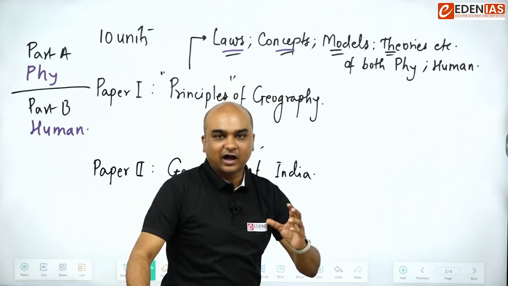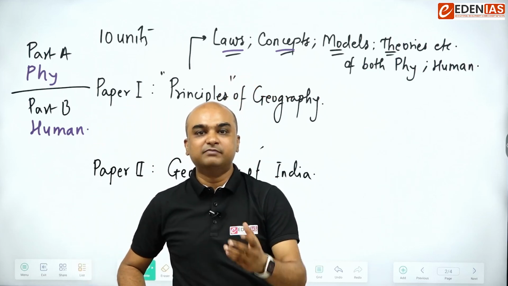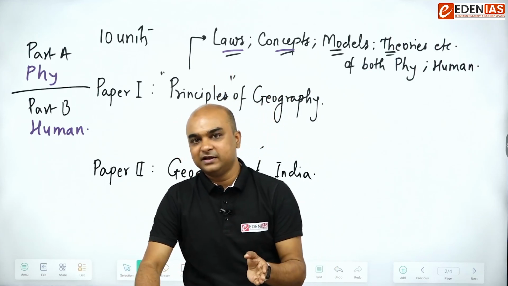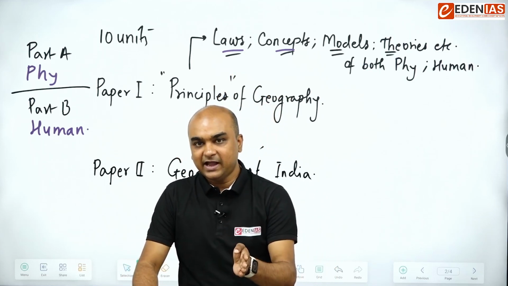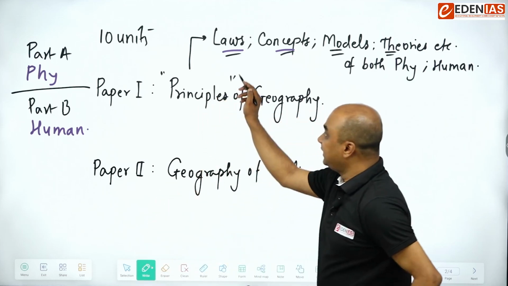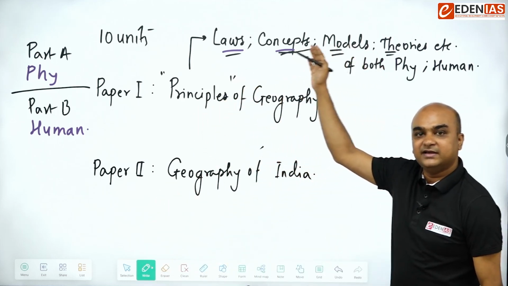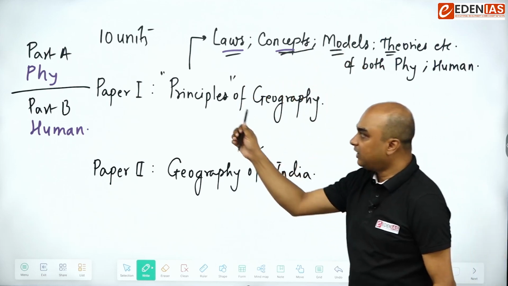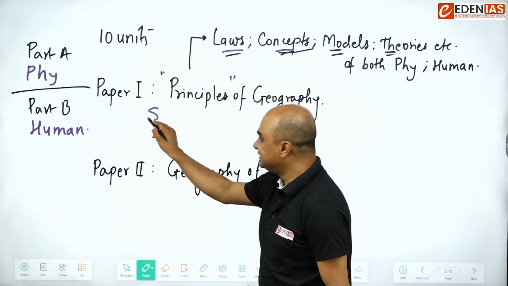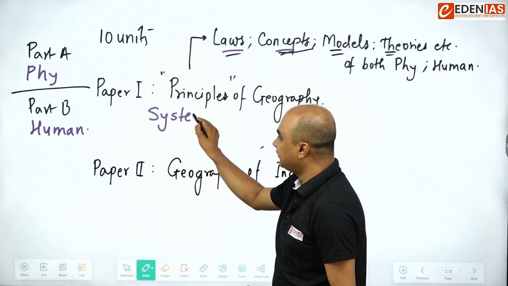Not only how these laws have been built, who provided these concepts, who gave the theories, but their application and their implementation in the real world. That is what you will learn in this paper. The approach that has been adopted for paper 1 is the systematic approach.